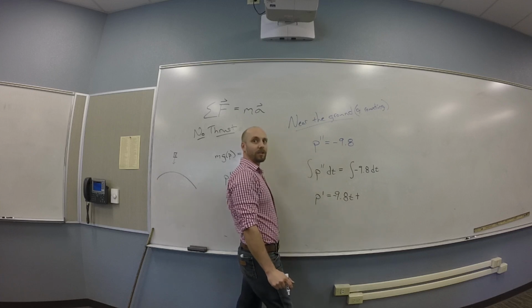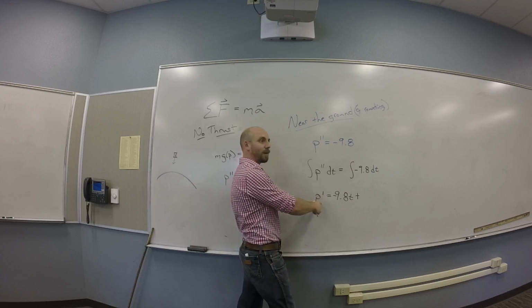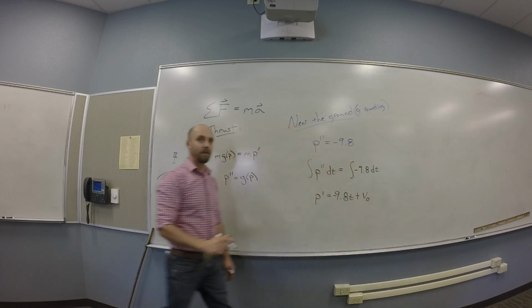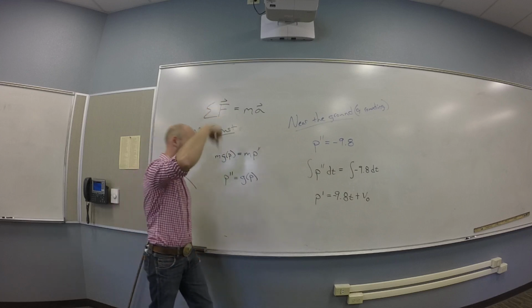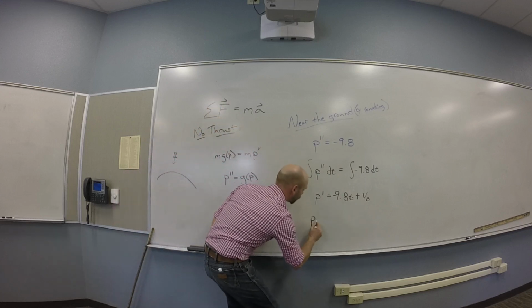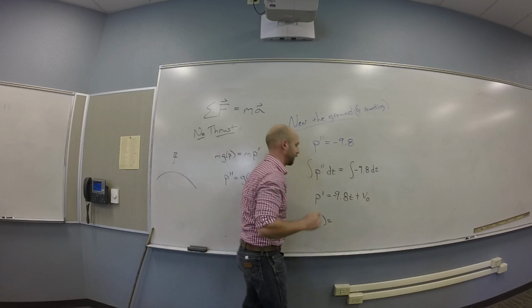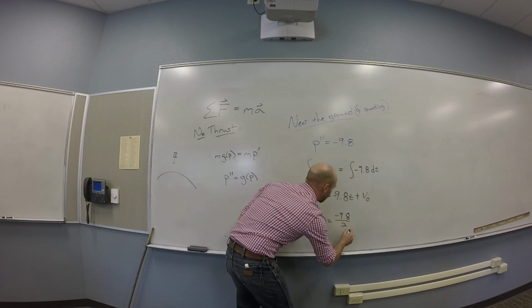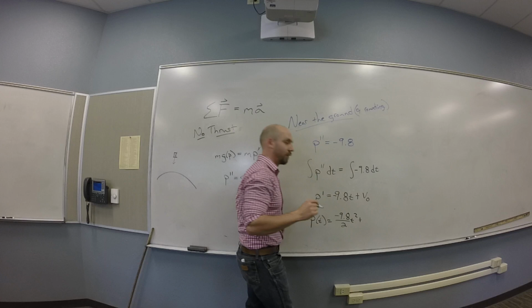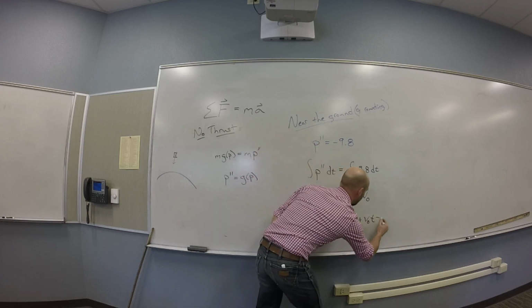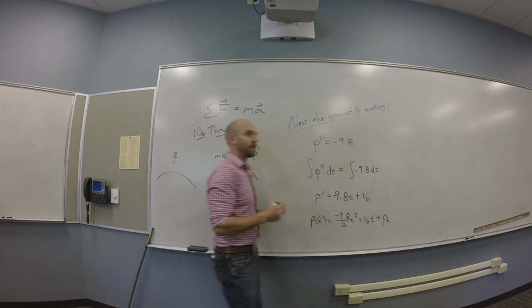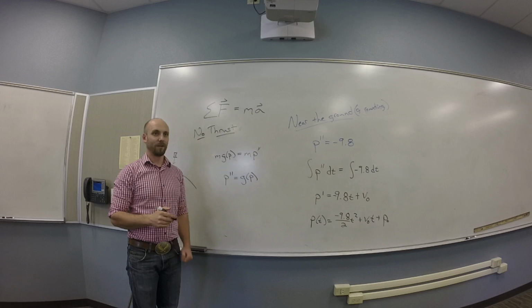If you plug 0 into this, you should get p prime at time 0. p prime is velocity, so you get velocity at time 0; that'll be your constant here. Cool. And then you integrate again, so you get p of t is minus 9.8 over 2 t squared, which is 4.9 t squared, plus v naught t plus p naught. You with this?